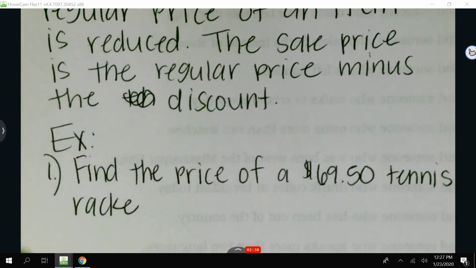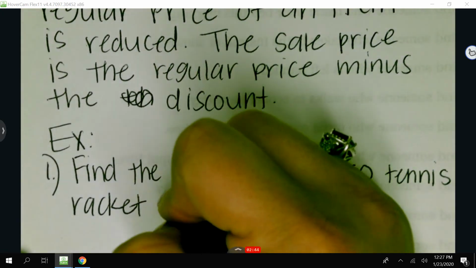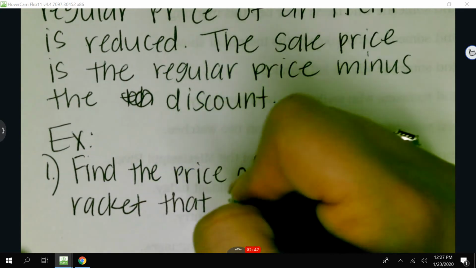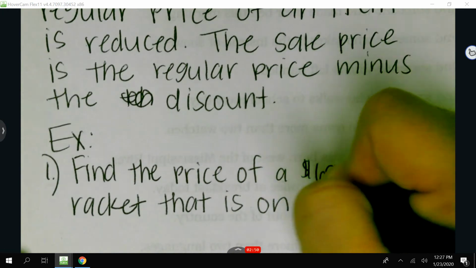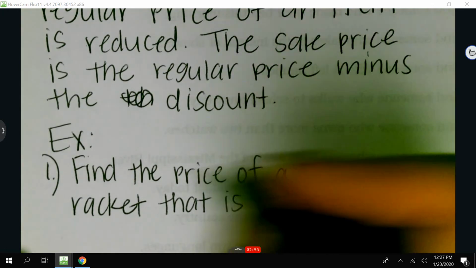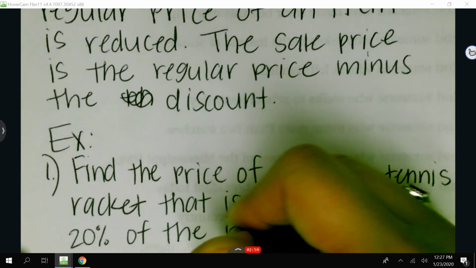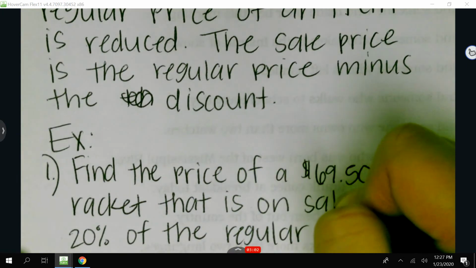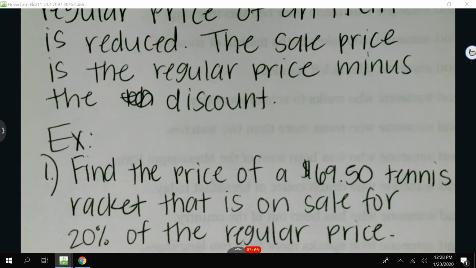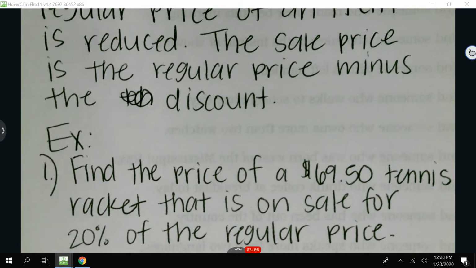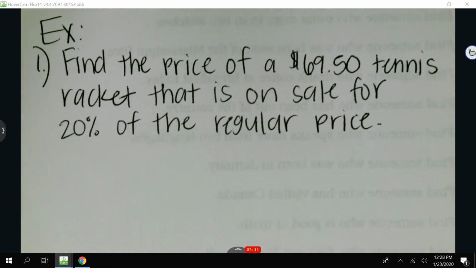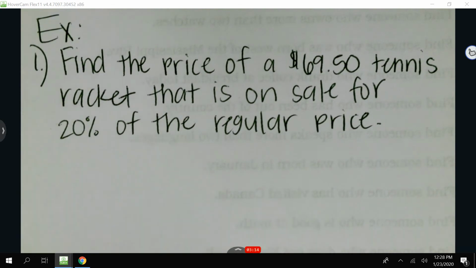And it's going to be on sale for 20%. All caught up?